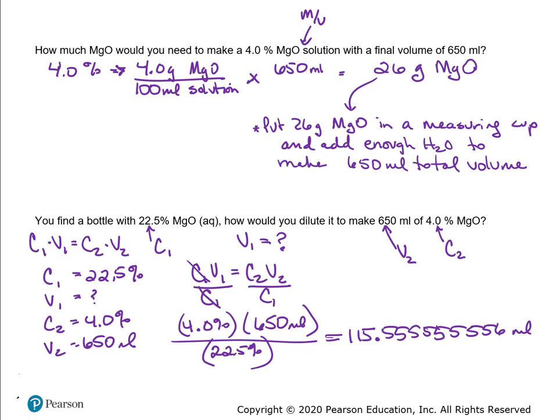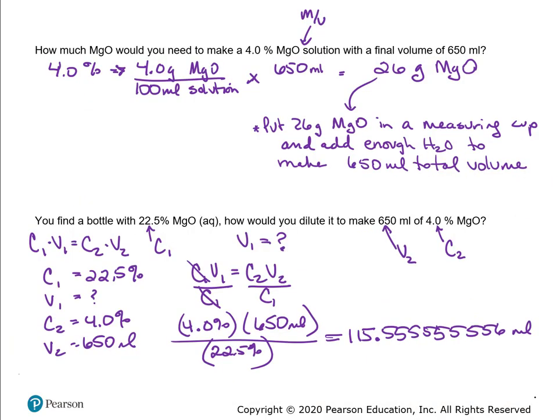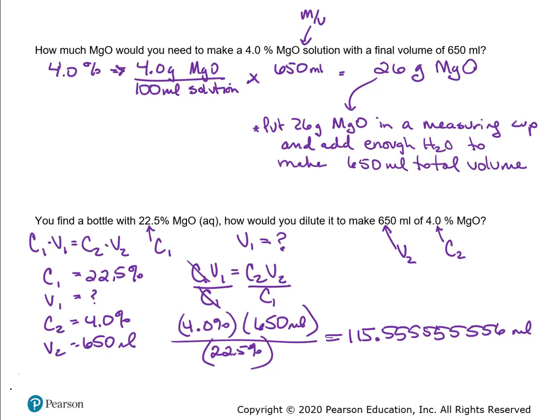I told you in parts per million, rounding and such doesn't really have a huge factor to play, but in dilutions, you do have to figure out how to round. So 22.5%, how many significant figures? 3. 22.5 has 3 significant figures. Then I have 650 milliliters, so that is 2.